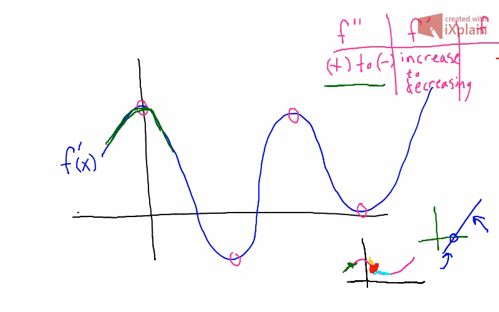And so looking at the first derivative, that is when things go from either increasing to decreasing, like right here, or from decreasing to increasing, like right here. Okay? Alright, so that's how we find the inflection points on a graph given the derivative.